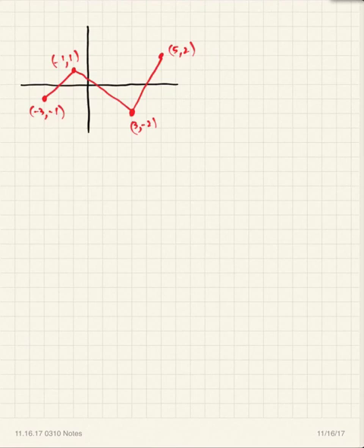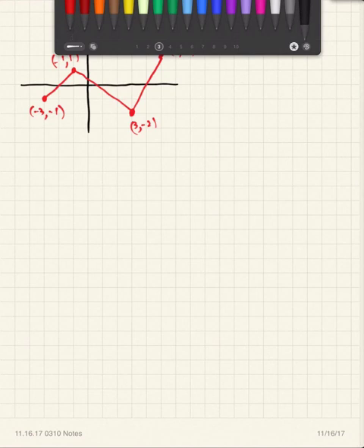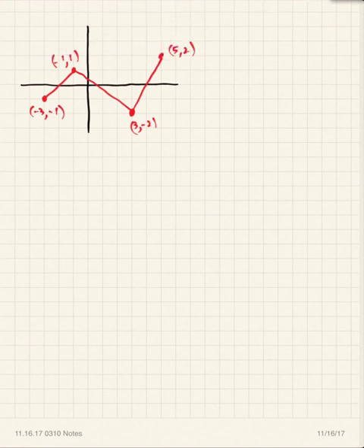Now, how many ordered pairs are on this graph? That's my first question. And before anybody answers, I want everybody just to pause for a second and think about this. How many ordered pairs are on this graph? Infinite.